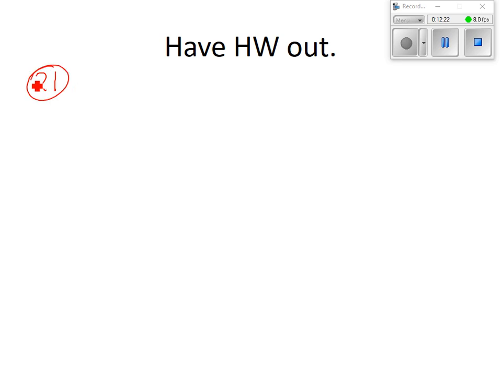The text. 21. On 21, I'm going to show you two different ways to do it. 21, 22, 23, and this isn't just for 21 through 24, this is probably for the rest of the page.